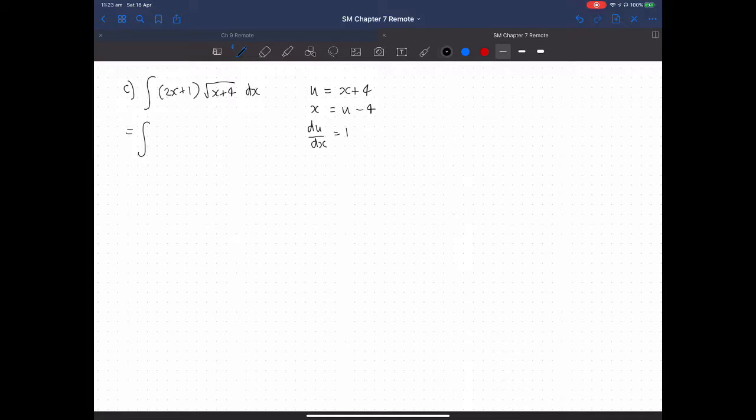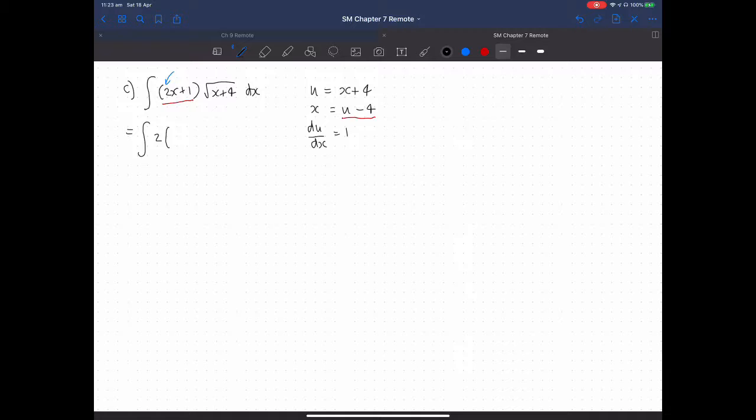What we have at the start is 2x plus 1. So we've got a 2 times x. Now what we've done is we have just found that x is equal to u minus 4. So what I'm going to do is substitute the u minus 4 where x is.